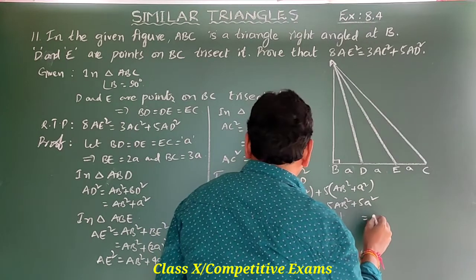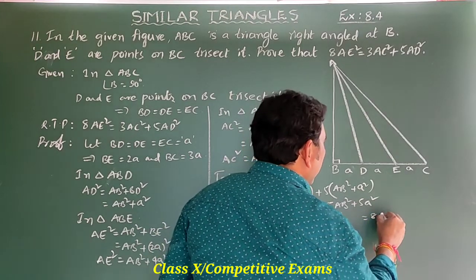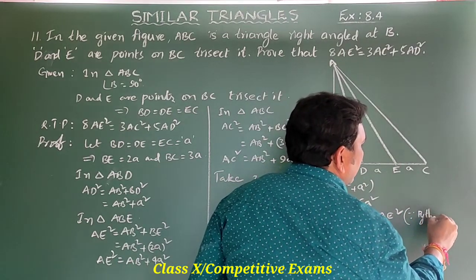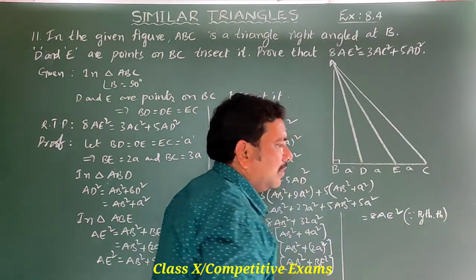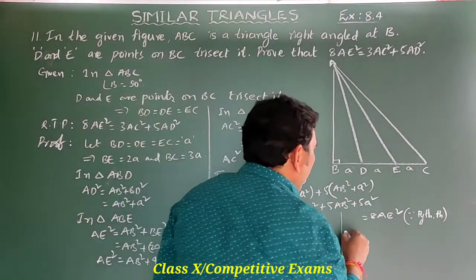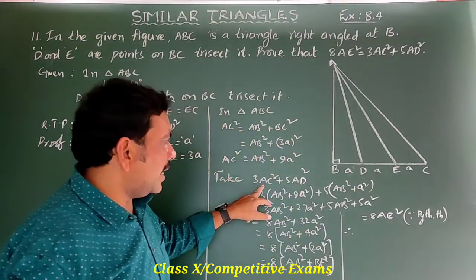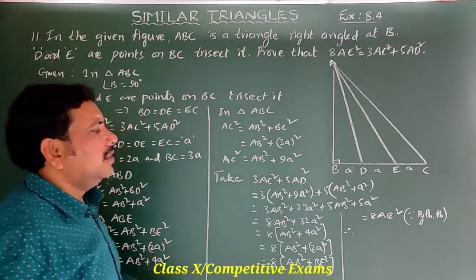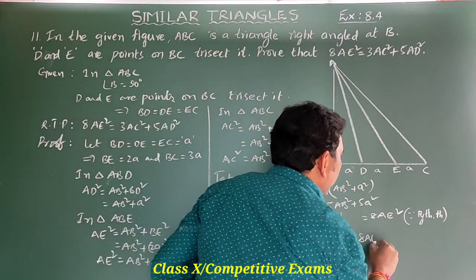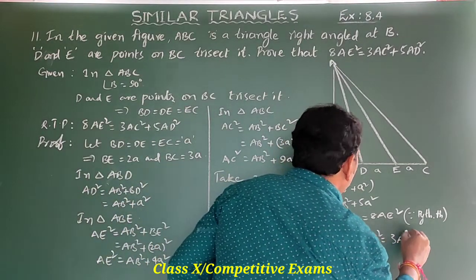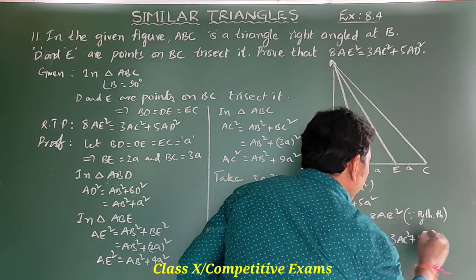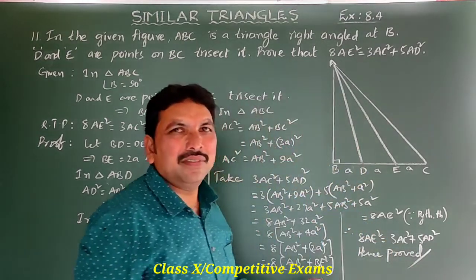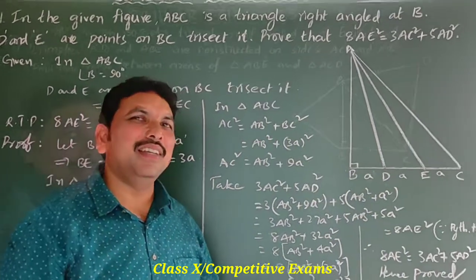That is equal to 8 into AE square. So therefore, 3AC square plus 5AD square is equal to 8AE square. Therefore, 8AE square is equal to 3AC square plus 5AD square. Hence, proved. Have you got it? Yes.